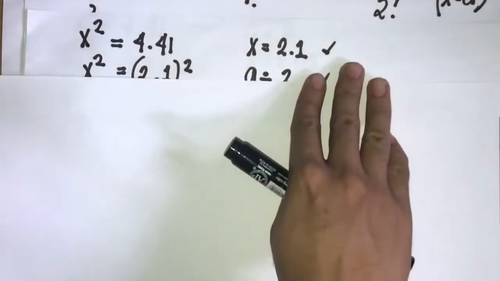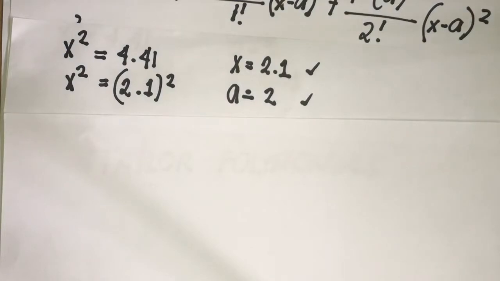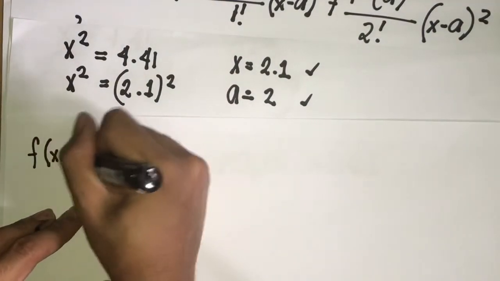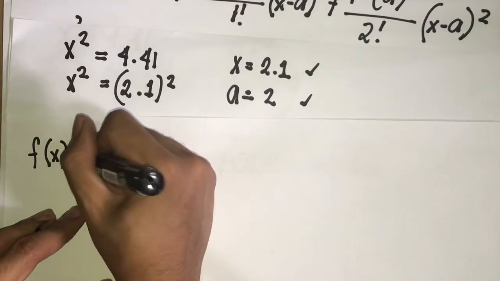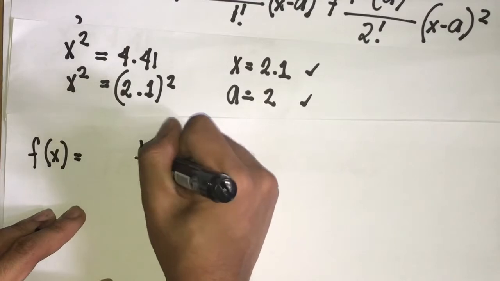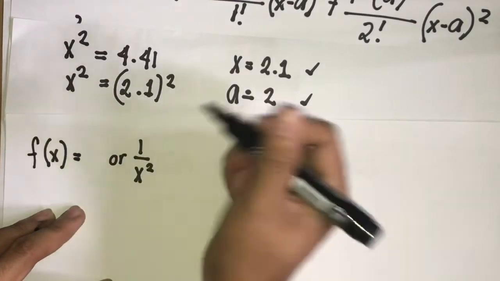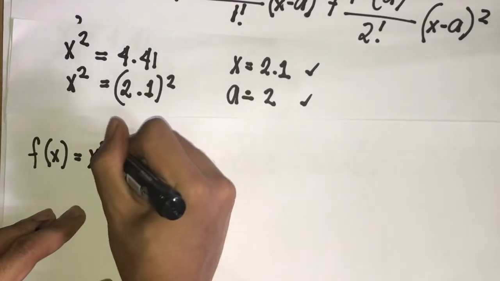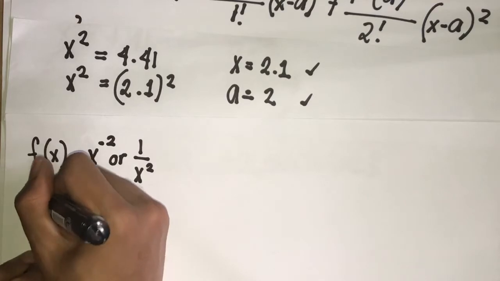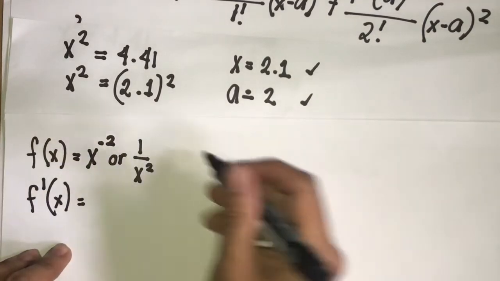Alright, let me have another paper here so that we could have the values for f of a, the first derivative, and the second derivative. It's given that f of x is equal to 1 over x squared, or x raised to negative 2, so that we can compute the first derivative.